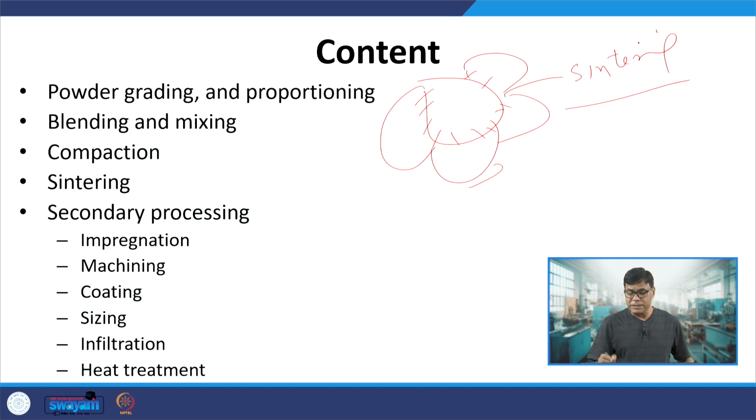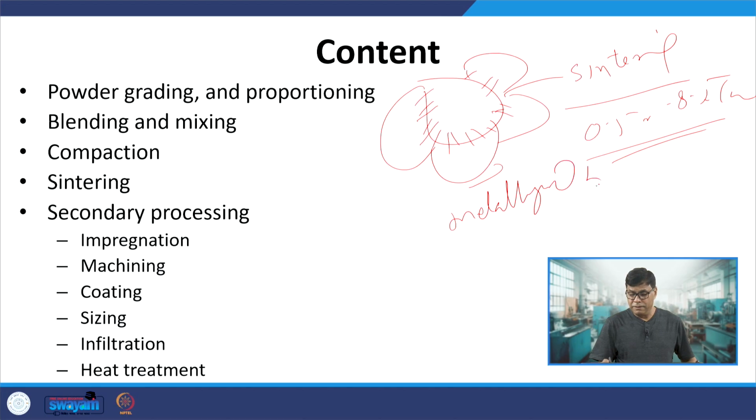Depending upon the kind of material, sintering can be done at 0.5 to say 0.8 times its melting temperature. Very high temperature is used, so that the diffusion and interaction between the powder particles can take place for developing the metallurgical bond.